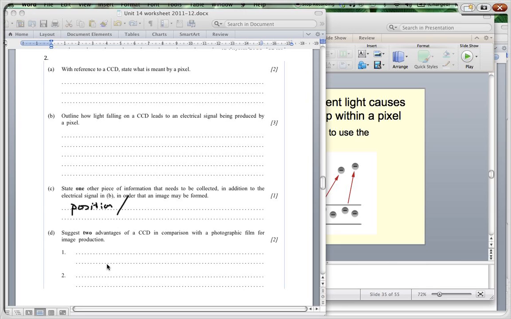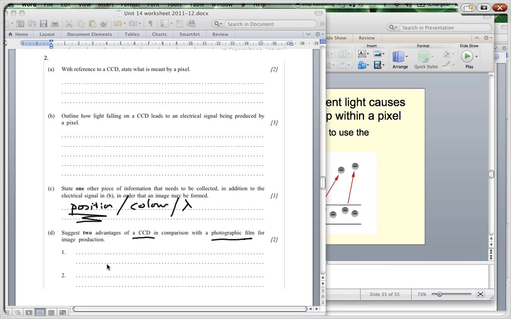If we're dealing with color, you'd need to know the color or the wavelength, but if we're just talking black and white photography, the position would be the most important thing. And then: suggest 2 advantages of CCDs in comparison with photographic film for image production.